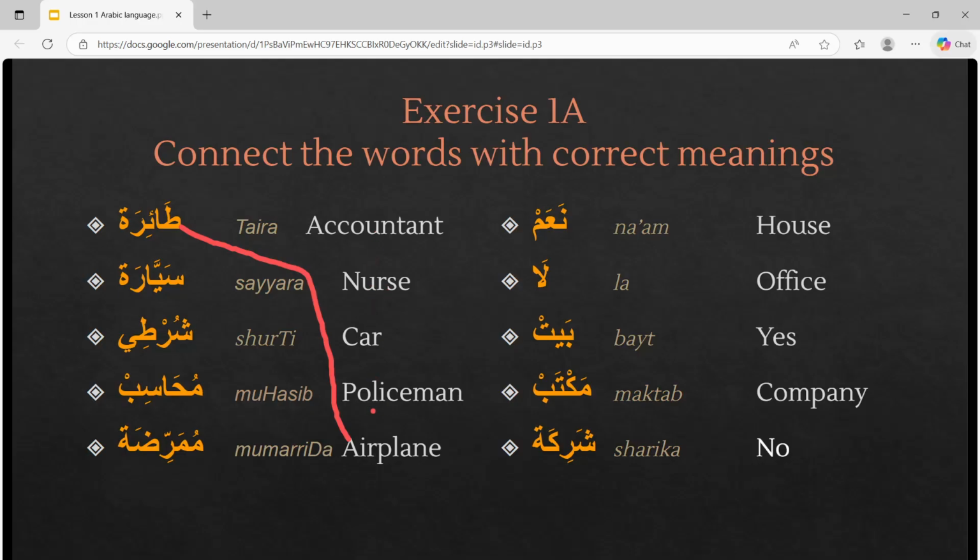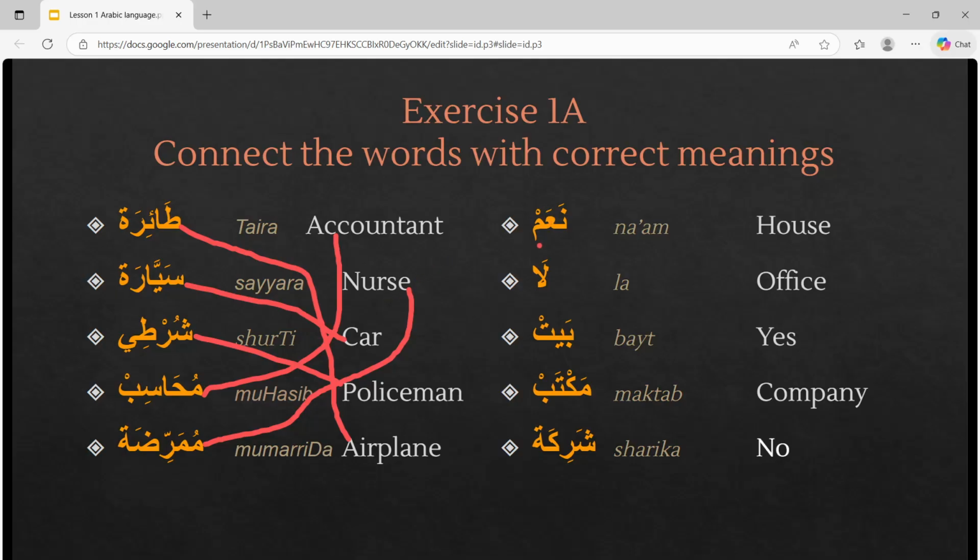Accountant, nurse, car, policeman. سيارة would be a car. شرطي. What about شرطي? One among these 3 here. شرطي would be a policeman. محاسب. Nurse or accountant? محاسب is an accountant. And last here, ممرضة will be a nurse.